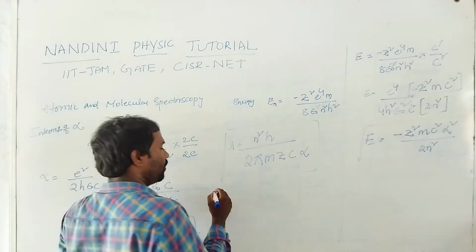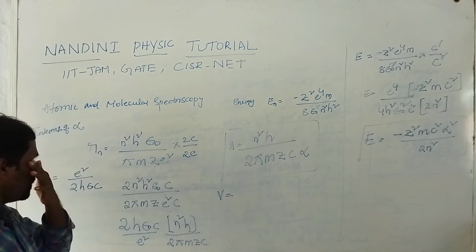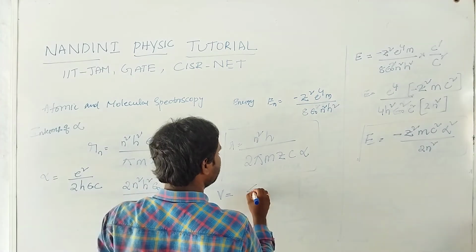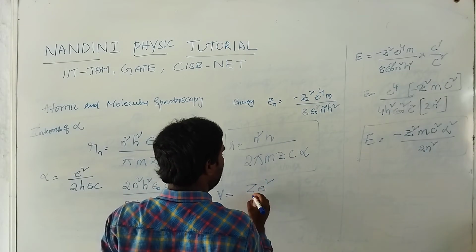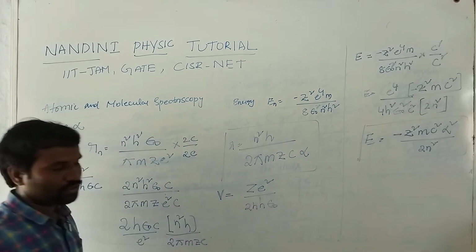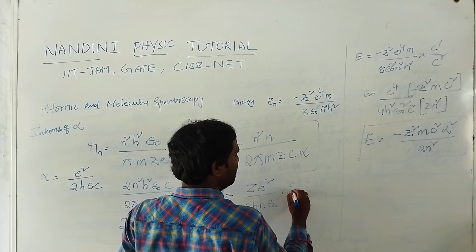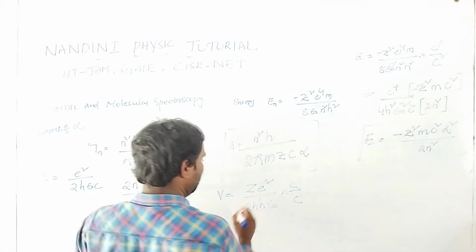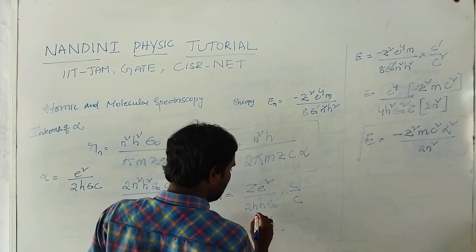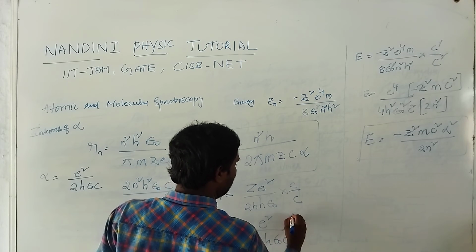velocity also. So what is the velocity equation? Velocity is equal to, see in this equation, what is velocity? Velocity is equal to Ze square by 2n h epsilon naught. So this is the velocity equation. Okay, so on both sides you multiply c divided by c, then you will take common v is equal to, simply e square from this equation, and 2 h epsilon naught c you will take common.